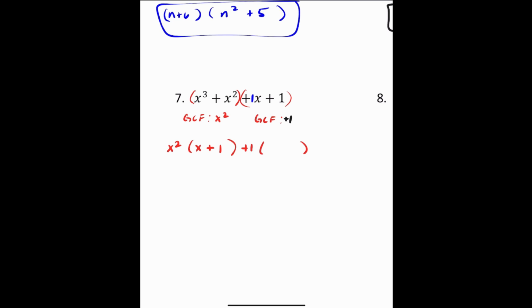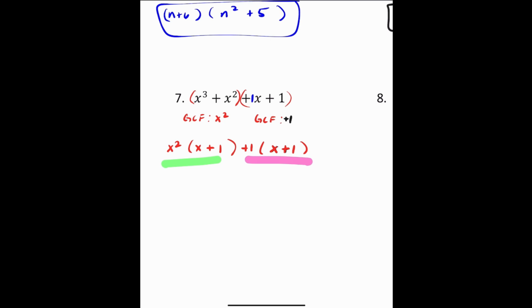Now for the last two terms, we have the GCF of +1. So what's inside is going to be x plus 1, right? So 1 times x is 1x, and 1 times +1, of course, is 1. So let's factor again.